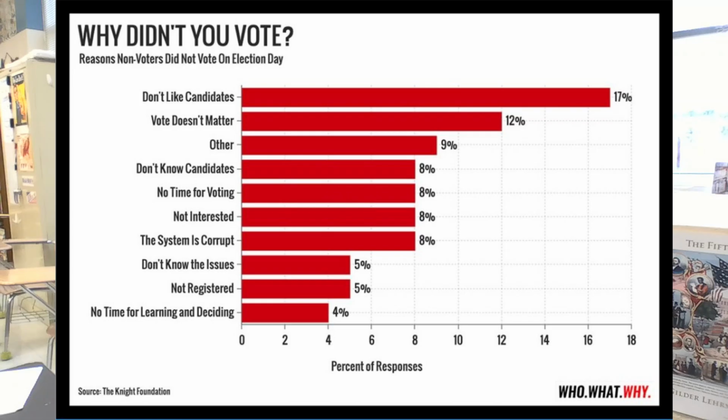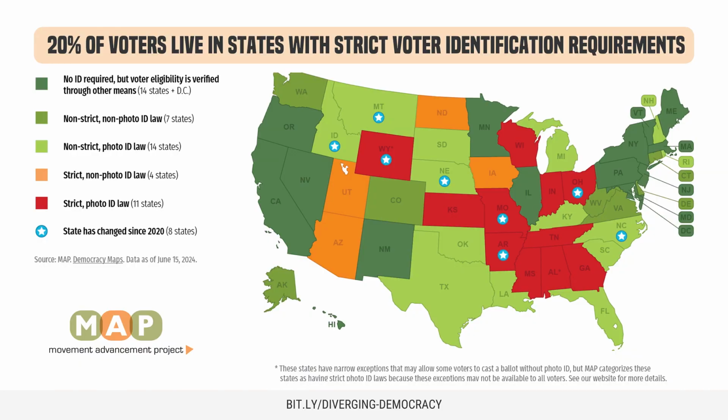Barriers such as voter suppression, long lines at polling places, and restrictive voter ID laws can also discourage participation, particularly among marginalized communities. Busy schedules, work commitments, and logistical challenges can hinder some from finding the time to vote. Additionally, feelings of disconnect from the candidates or a lack of understanding of the issues can lead to voter disengagement.